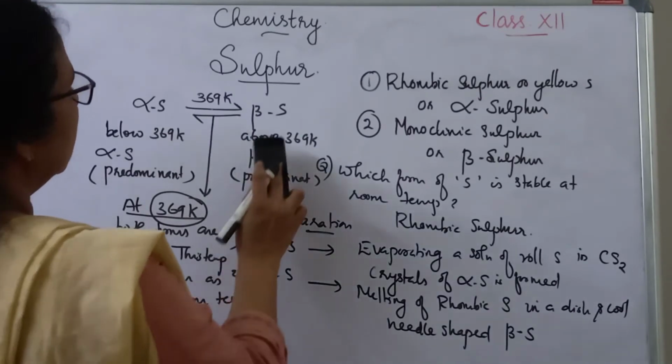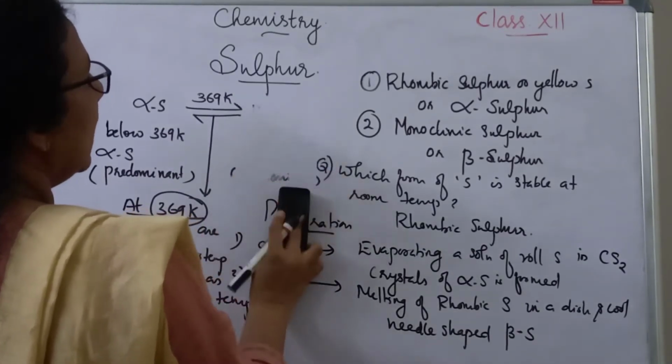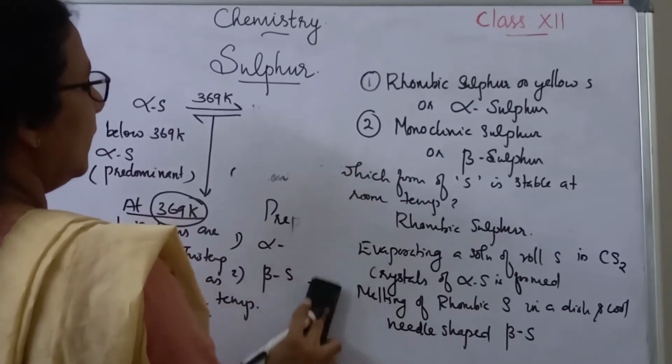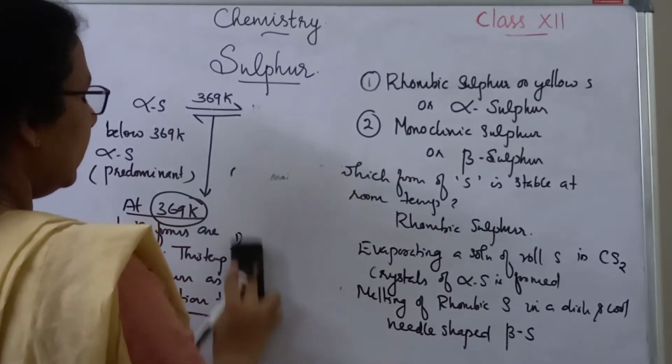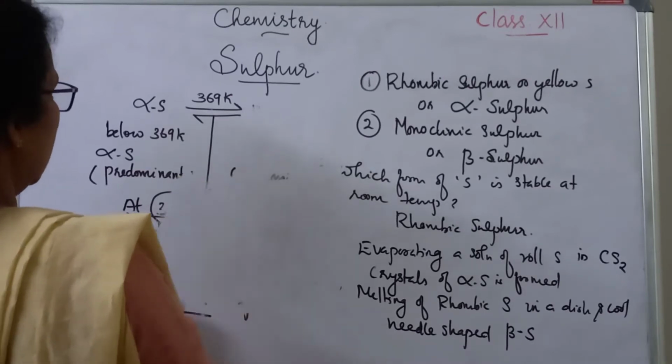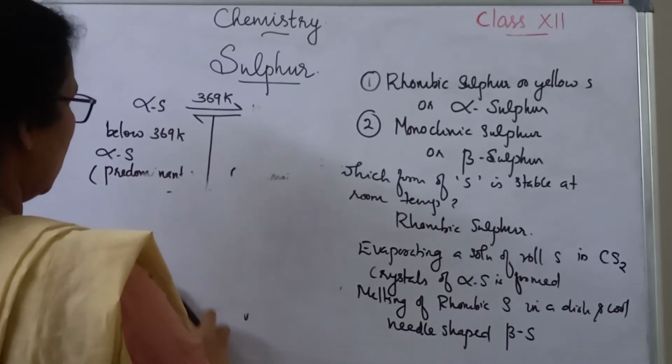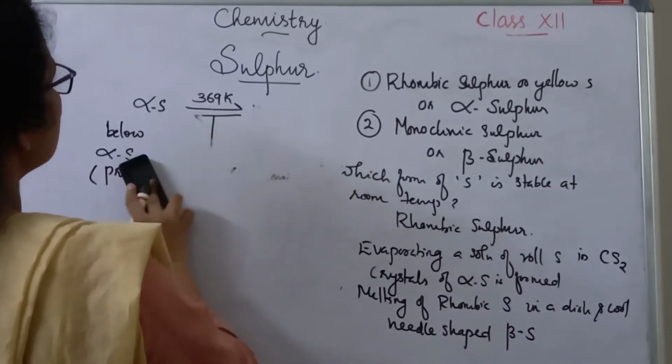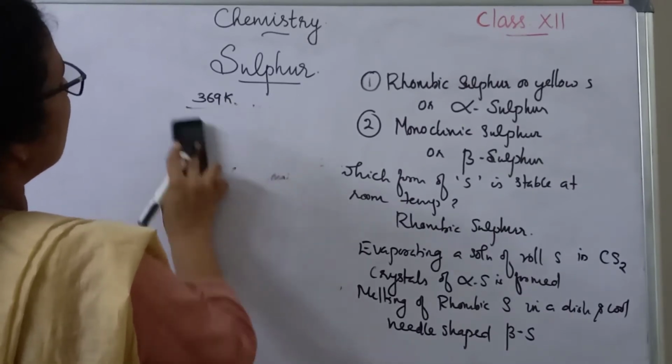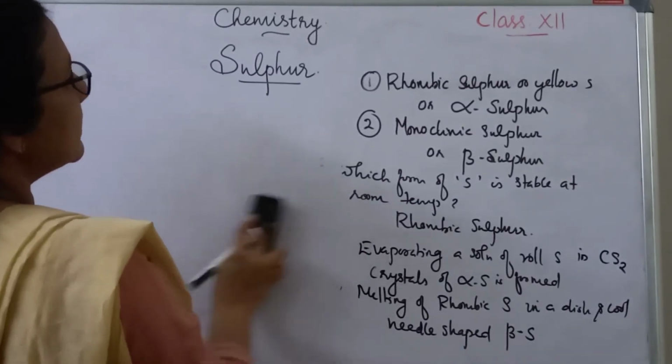Now let us see the structure. Alpha and beta forms of sulfur both have S8 molecules, so we draw the structure of alpha sulfur and beta sulfur in the same way.